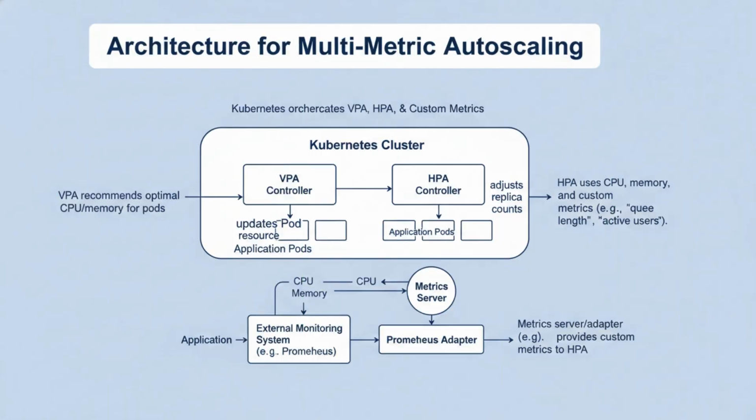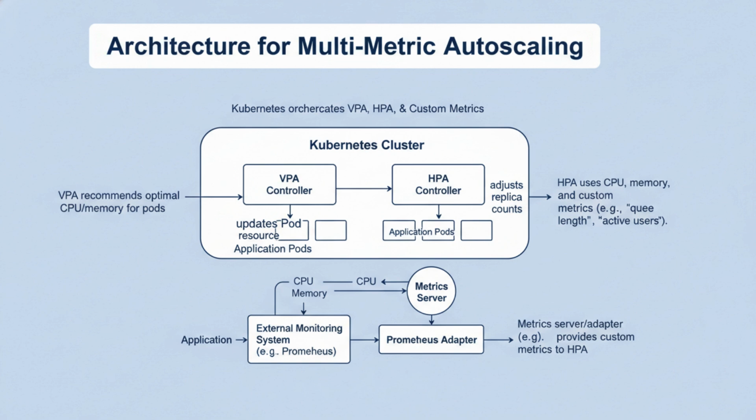So, how do these components work together? At its core, Kubernetes acts as the orchestrator. VPA continuously observes pod resource usage and recommends optimal CPU and memory requests/limits. HPA, meanwhile, monitors CPU, memory, and custom metrics like queue length or active users to adjust the number of pods.